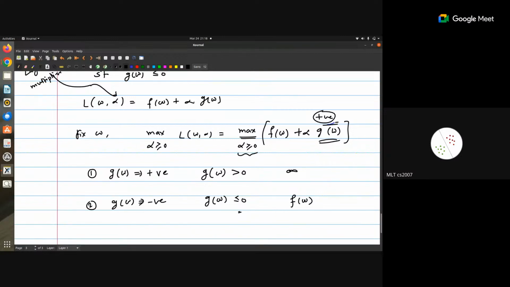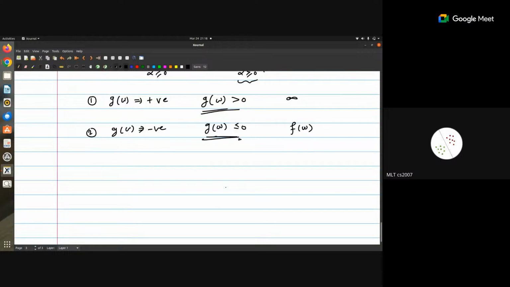Okay, but then I need a solution, right? I need a solution to find alpha, or w. Which w should I pick? Should I pick the w which is bounded by this constraint, or the one bounded by this constraint? The second one we have to use.